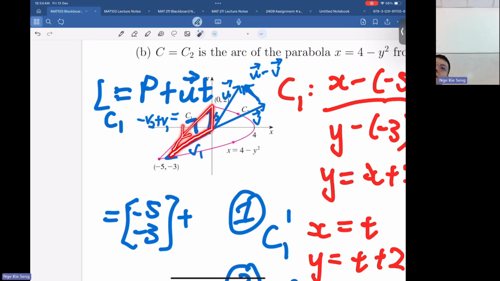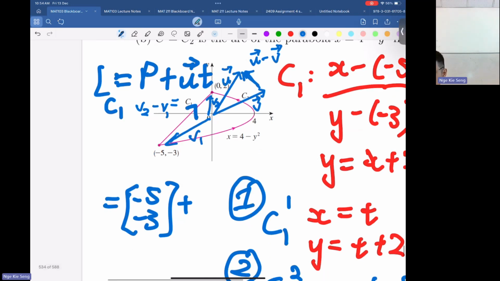Since you already got the opposite, how to get the other opposite? Make it to the right one. So instead you should take minus V1 plus V2. Okay or not? So instead you should get V2 minus V1. If V2 minus V1, what's the answer?